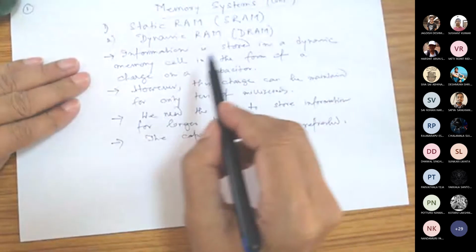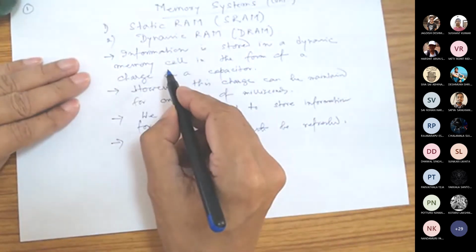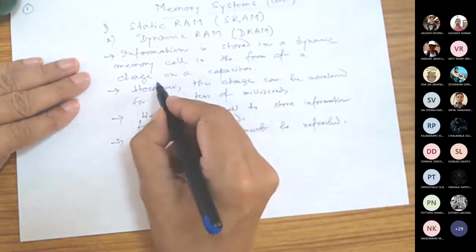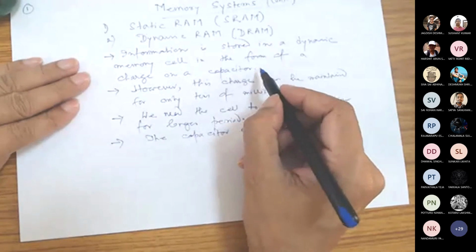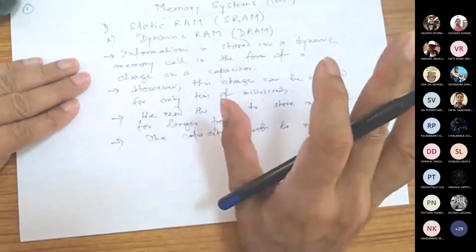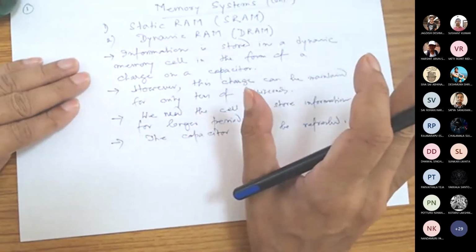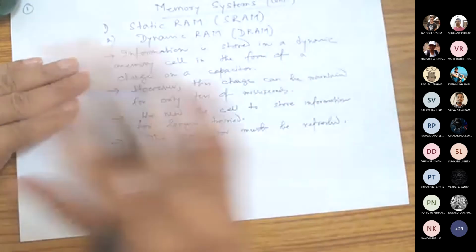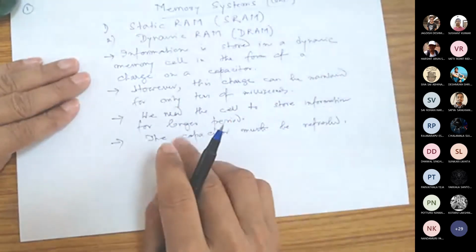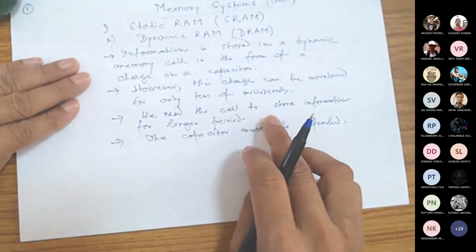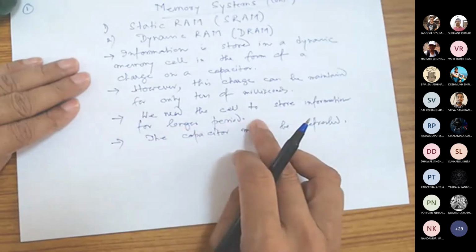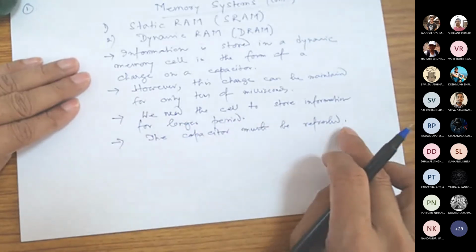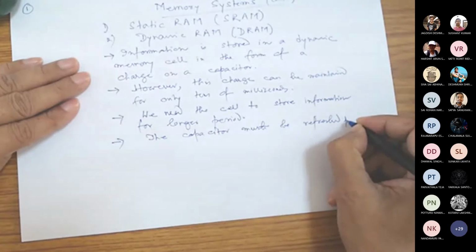The information is stored in a dynamic RAM cell in the form of a charge on a capacitor. However, this charge can only last for maybe tens of milliseconds, but we may require it for a longer period. So what we need to do? We need the cell to store information for a longer period. So the capacitor must be refreshed periodically.